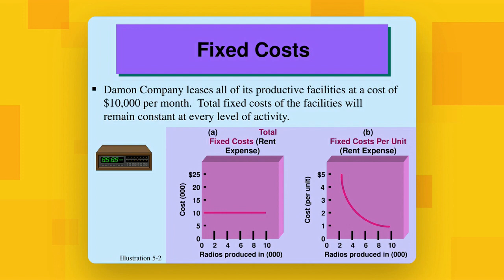It will remain the same regardless of your activity level, while fixed cost per unit will vary inversely, regardless of the activity. As the volume increases, fixed costs per unit will decrease. As the volume decreases, fixed costs per unit will increase. Meaning, it will vary inversely with your sales or activity level.